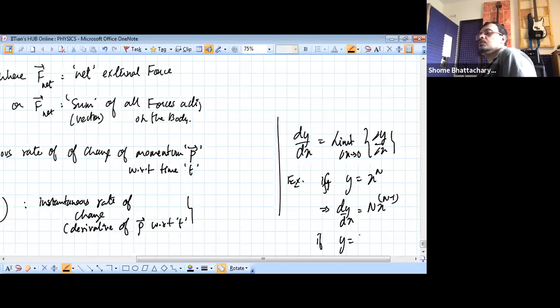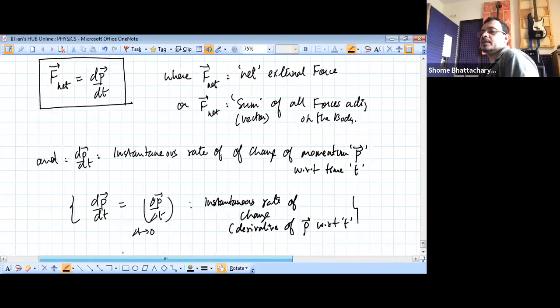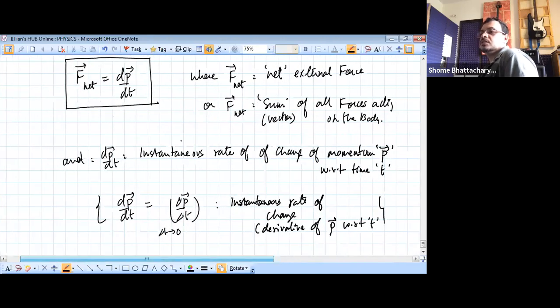If y is equal to sine x, dy by dx becomes cos x. That same meaning is here, but instead of y with respect to x, it is momentum with respect to time. So this is the mathematical form of Newton's second law.